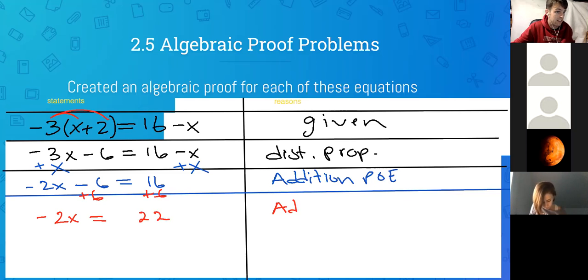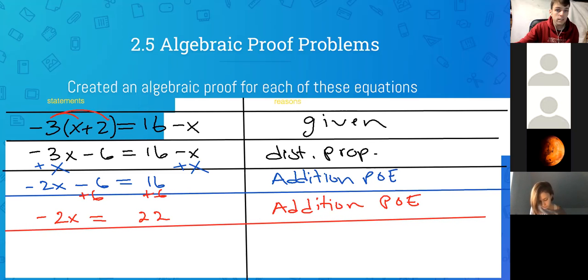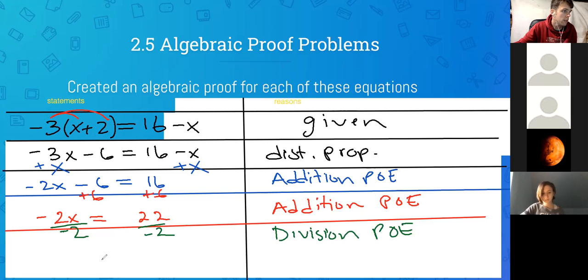That was again the addition property of equality because to get here I added 6 on both sides. And then to get x all by itself, we just need to divide. So we're going to divide both sides by negative 2. That's going to mean we are using the division property of equality to get x equals negative 11.